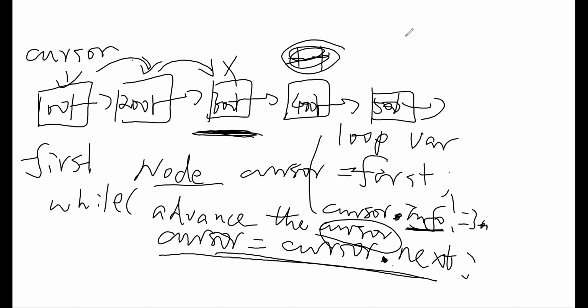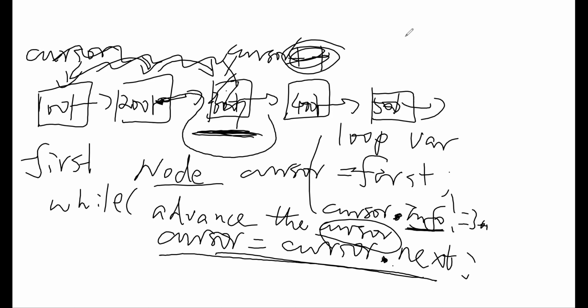So, okay, I located it. Cursor is here. How do I remove it? The question is, how do you remove 300? Visually, if you want to remove 300, you need to reconnect the previous one to the one after 300.